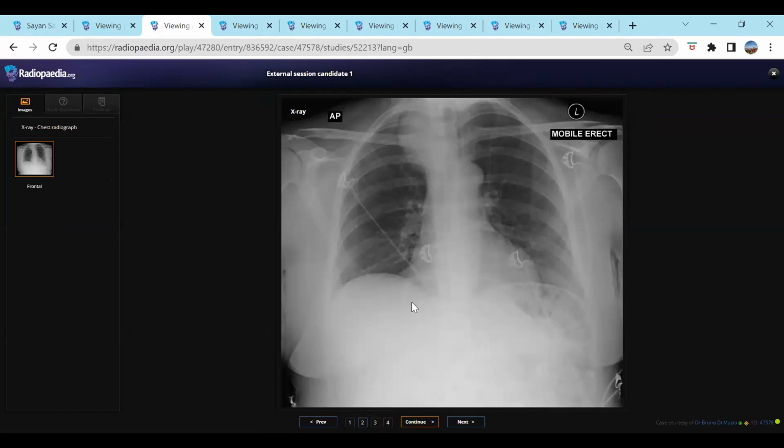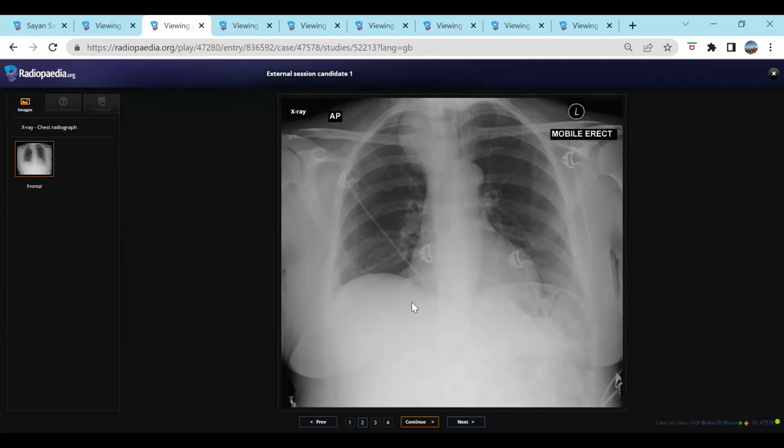I am presented with a frontal chest radiograph of an adult female patient, in which I can appreciate a fairly well-defined opacity involving the right paratracheal region. The lateral margin of the lesion is well-defined, however the medial margin is inseparable from the adjacent mediastinal structures, and it can be seen extending above the clavicle.